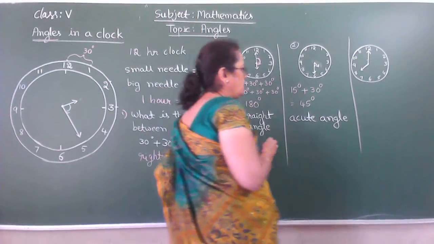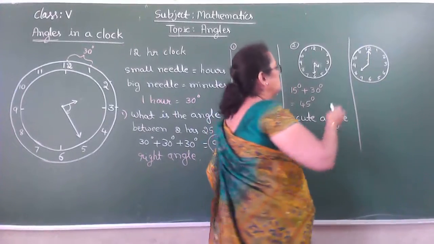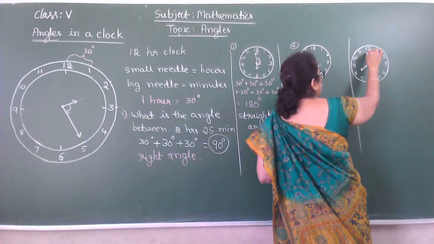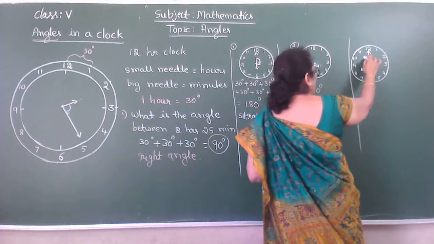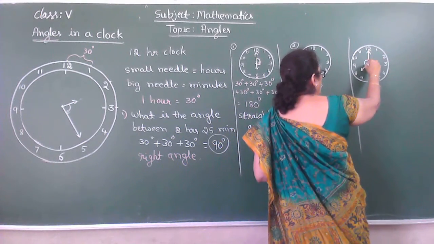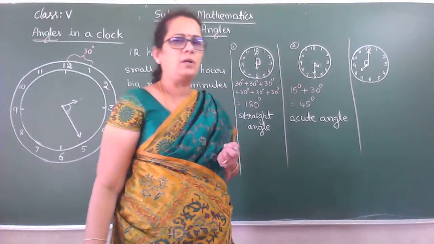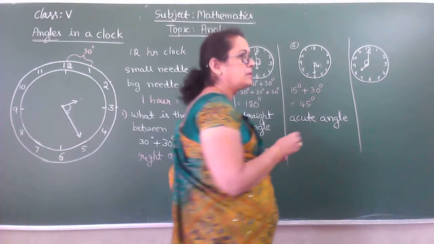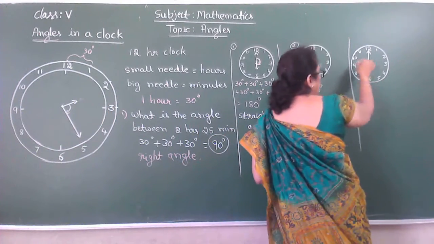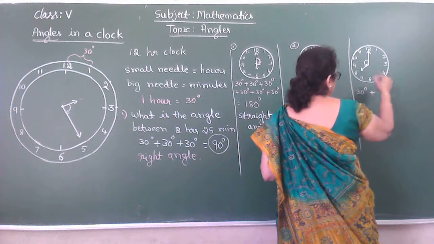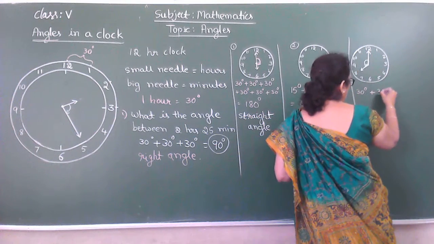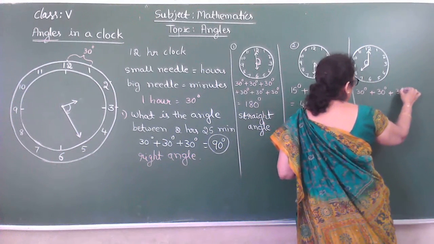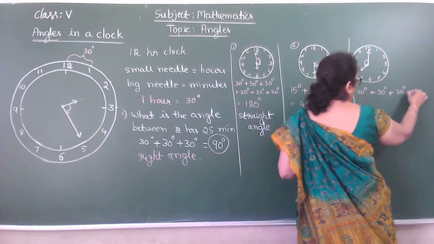Go through this clock. Now the small needle is exactly on 8 and the big needle is exactly on 12. So what type of angle is this? Before mentioning the angle, we'll first write the degrees. See, from 8 to 9, 30 degree, plus 9 to 10, again 30 degree, plus 10 to 11, again 30 degree, 11 to 12, again 30 degree.